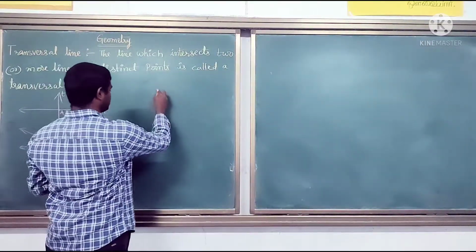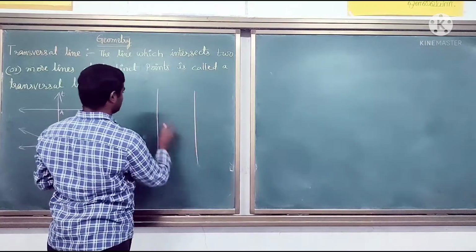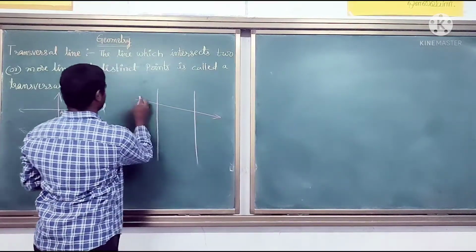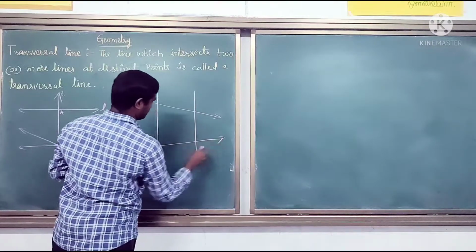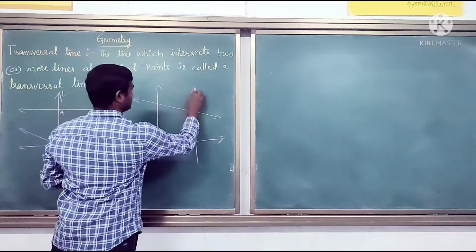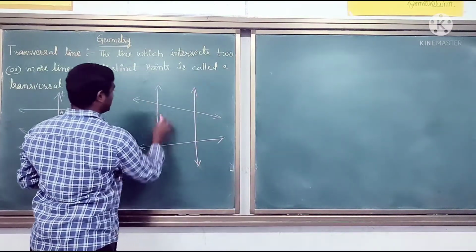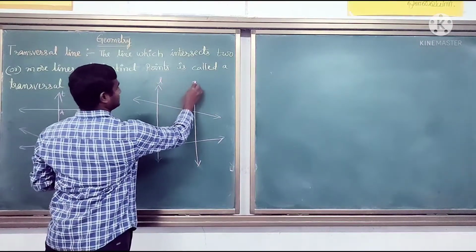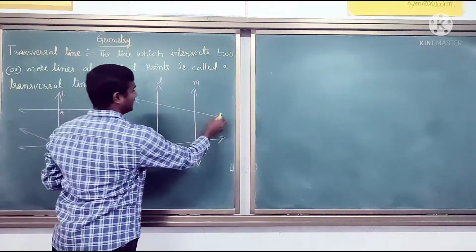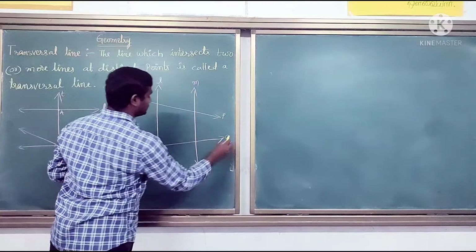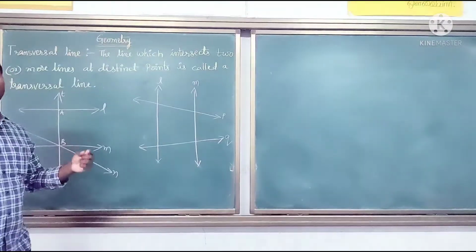For this figure, this is line l, this is line m, this is line p, and this is line q. Can you say which is the transversal line?